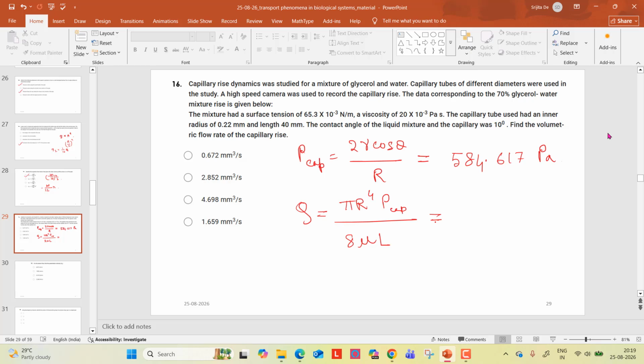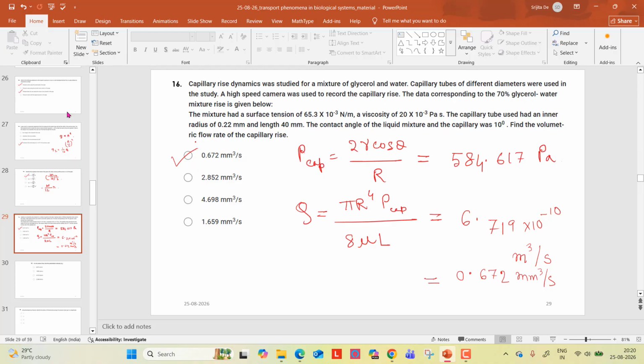Yes. Now it is coming 6.719 into 10 to the power minus 10 meter cube per second. So now you can think of it as 0.672 millimeter cube by second. So this one is correct.